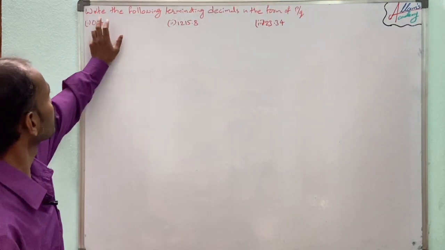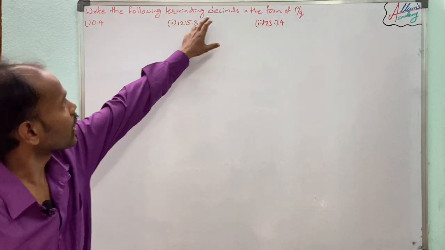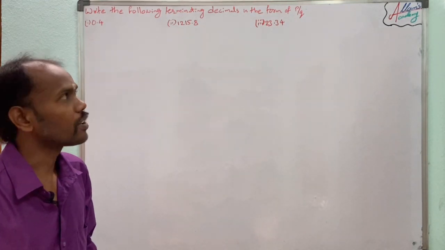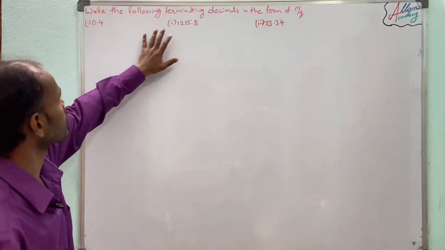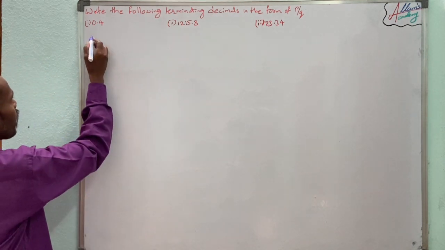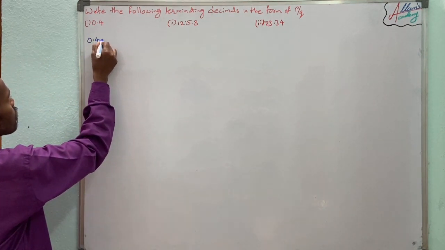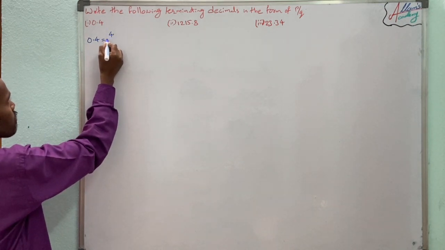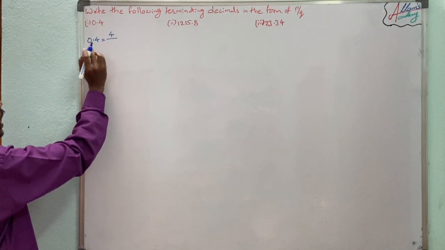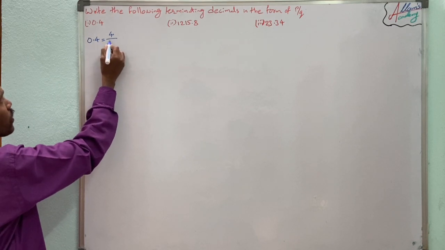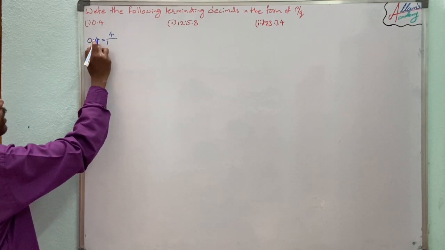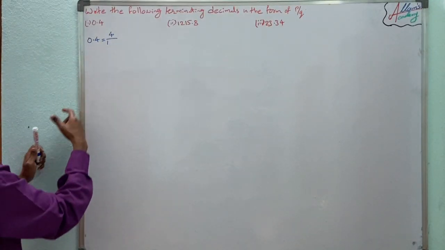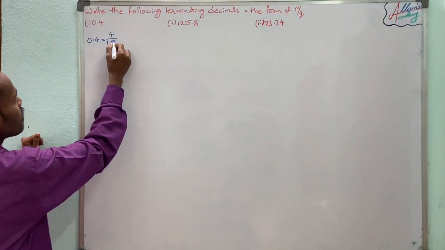Now a question is given: write the following terminating decimals in the form of p by q. The first one is 0.4. So 0.4 means the numerator is 4, and the denominator, since the point is removed, we take 1. How many digits are there after the point? Only 1 digit, so we take 1 and 0.